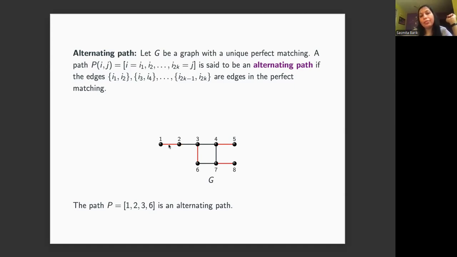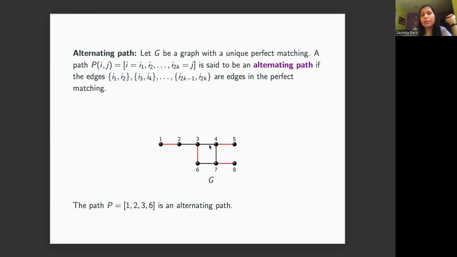So then I'm starting with a matching edge, then non-matching, then matching. So 1 to 6 in this way, 1, 2, 3, 6, that's an alternating path. But if I go from 1 to 4, I'll go from 1 to 2 starting with a matching edge, but then non-matching, then 3 to 4 is again non-matching. So that's not an alternating path.